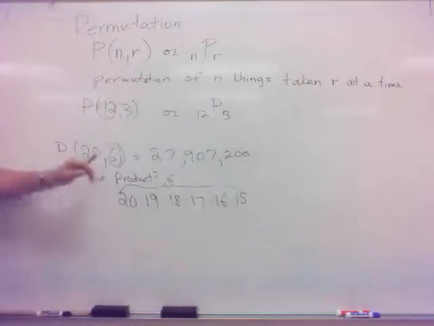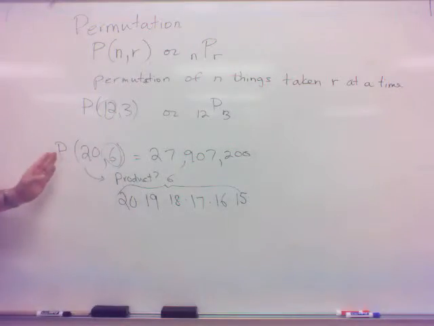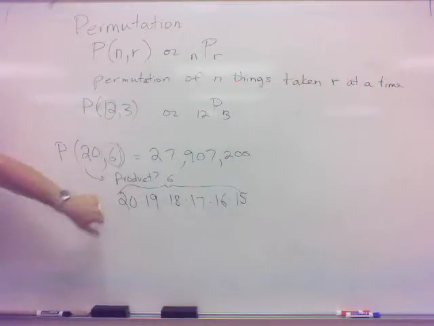The 20 is where you start, and the 6 is how many numbers you use, and then you stop. So 20P6 is 20 times 19 times 18 times 17 times 16 times 15, and you should get this number if you multiply those together.